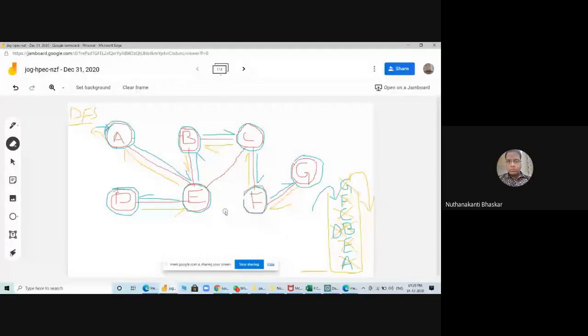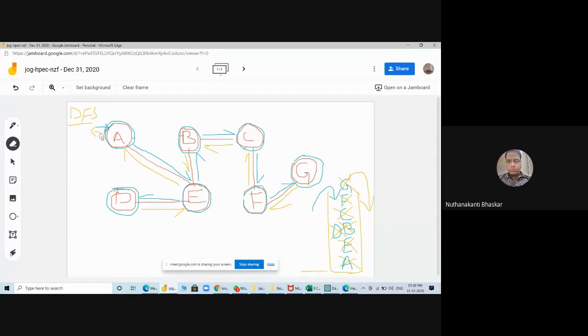We have not visited this edge, correct? Now this is a spanning tree. If you observe here, there is no loop. No loop, right? That's why it is a spanning tree and it is a DFS.